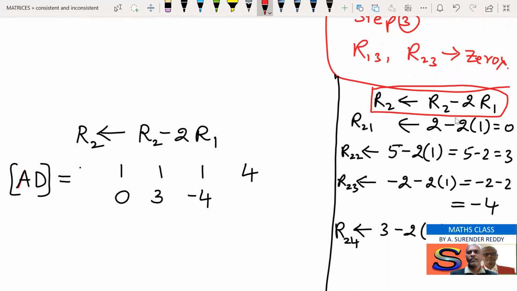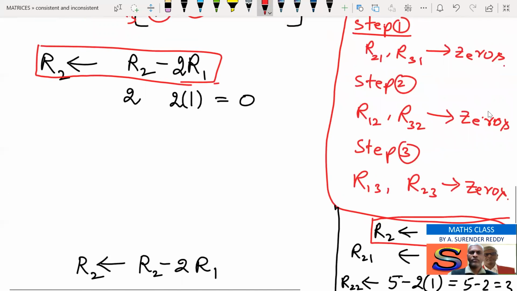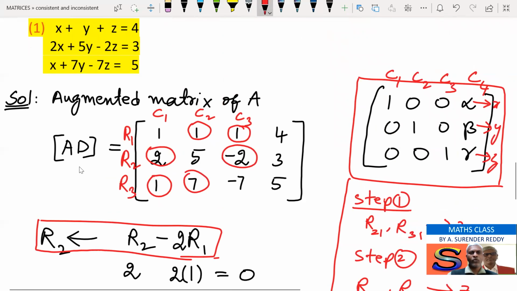In this formula, we have to take two elements R2 and R1 and substitute them, and you will get the new number. So in each case, we substitute the R2 value and R1 value for the first, second, third and fourth element of the second row.